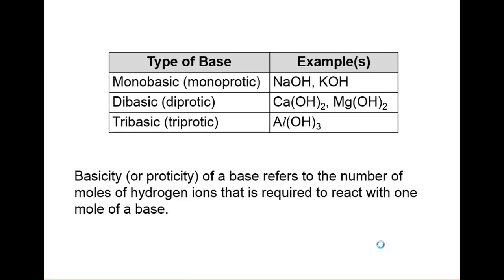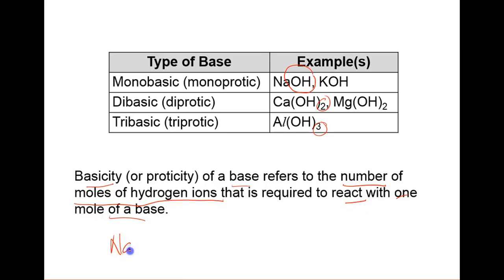Okay, so similar to acids where there are monobasic, dibasic, and tribasic acids, we also have bases which are monobasic, dibasic, and tribasic. So NaOH, for example, contains one OH minus which could possibly dissociate out. Dibasic: calcium hydroxide, 2. Aluminum hydroxide, 3. So basicity of a base simply refers to the number of moles of hydrogen ions required to react with 1 mole of the base.